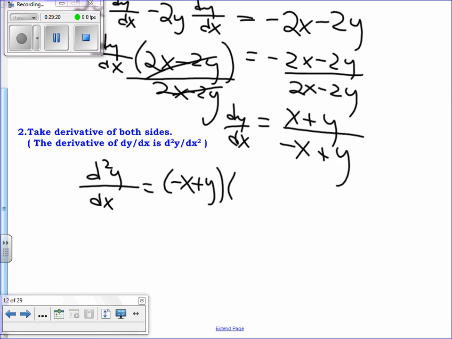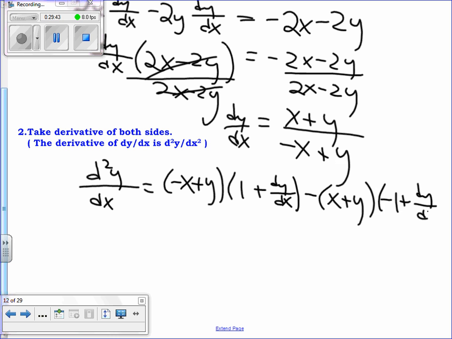Derivative of x plus y would be 1 plus dy dx. So low d high, less high d low, which should be negative 1 plus dy dx, all over the denominator squared.